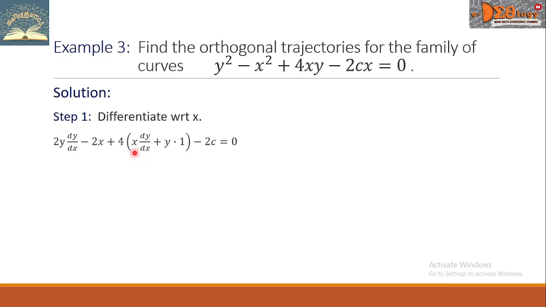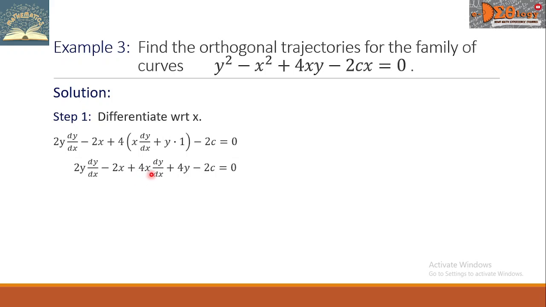So we have x times dy over dx plus y times 1 minus the derivative of this 2cx, which will be 2c. So we have this negative 2c here, then equals 0. Next, we are going to distribute this constant 4 to the terms inside the grouping symbol.